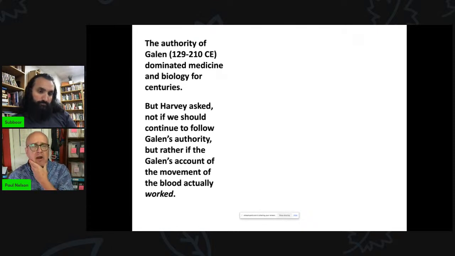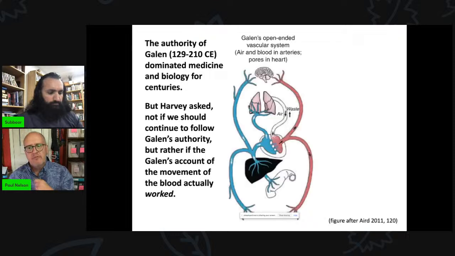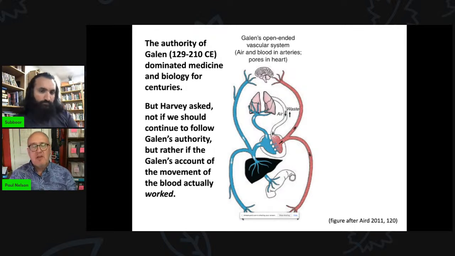And Harvey's reading Galen, and he says, does Galen's account of the movement of the blood actually explain what we observe? Now, this is very hard for us in 2023 or post Harvey, let's say, to conceive. But in Galen's system, it was unidirectional.